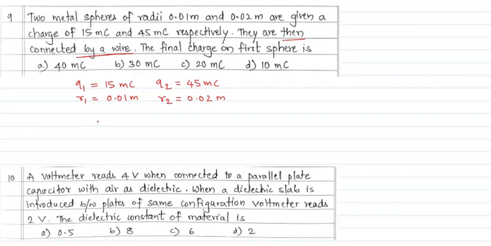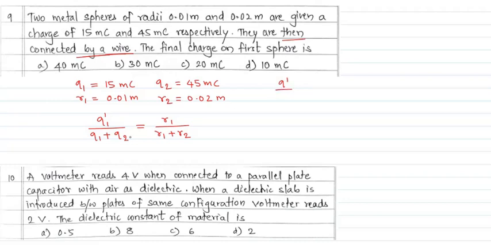So the shortcut formula is Q1 dash, that is the final charge on the first sphere, by the initial charges Q1 plus Q2, will be equal to R1 by R1 plus R2. Now substitute and find Q dash. In one step you will have the answer.